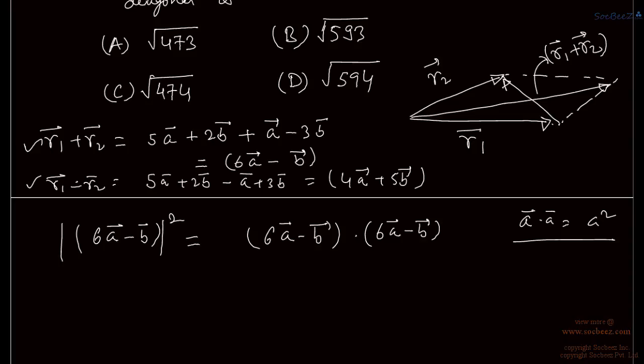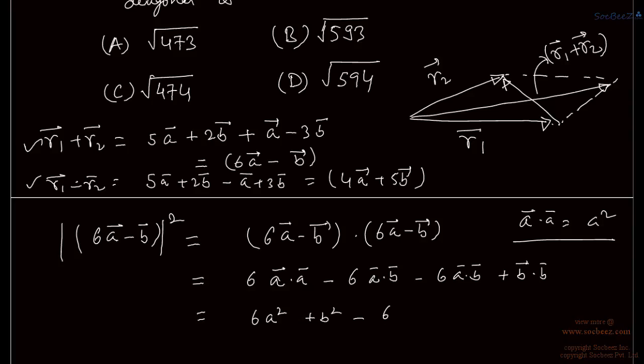So therefore we have 36a square plus b square minus 12a dot b.